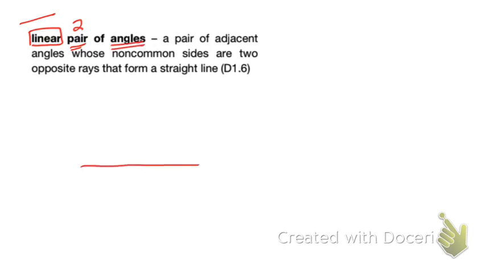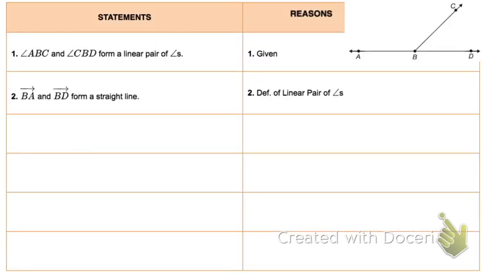So it's just saying if you have two angles, like in this proof, we have this angle and this angle, and we say those two angles are a linear pair of angles, that means that those two angles form a straight line. So the fact that they're telling us that those are a linear pair of angles means we can conclude that ray BA and ray BD must form a straight line.